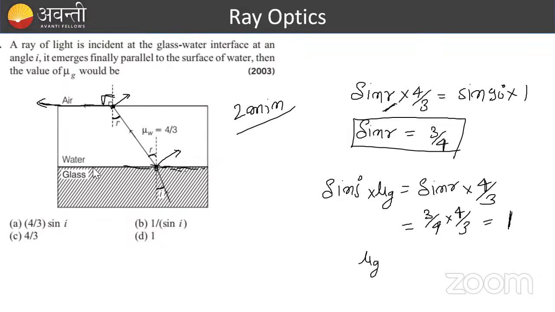That is, mu g is equal to 1 by sine I. So this is going to be your answer. The question is actually too easy. We just needed to apply Snell's law at these two interfaces, put the values from one into the other, and then you will get the answer. Any doubt, anyone?